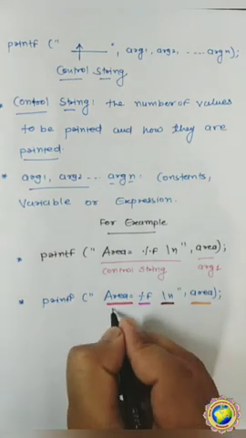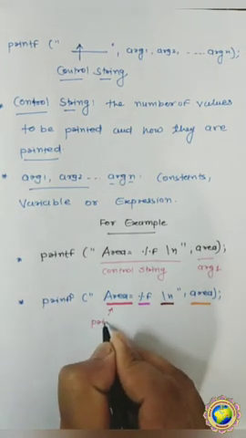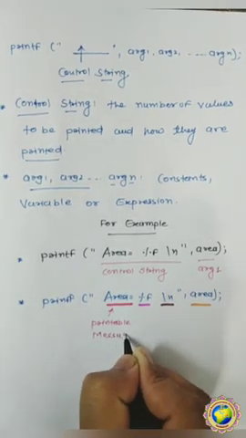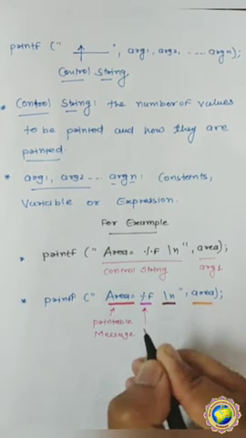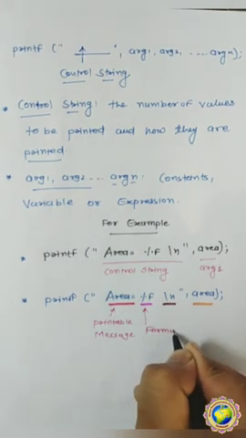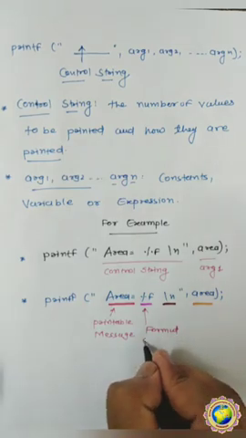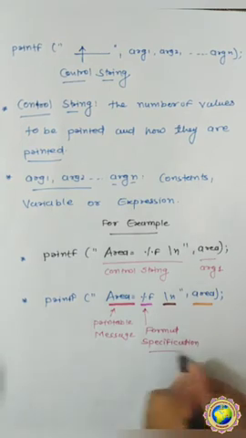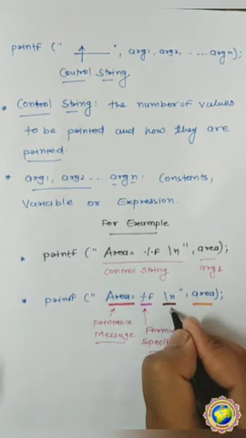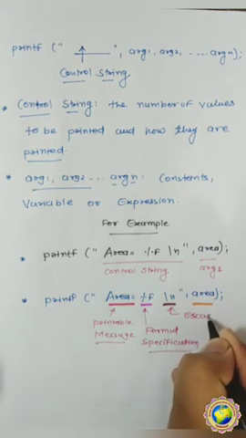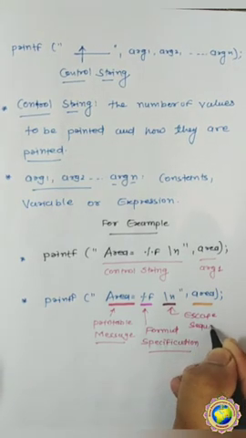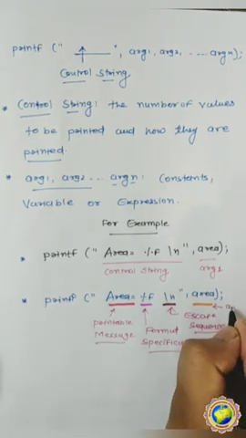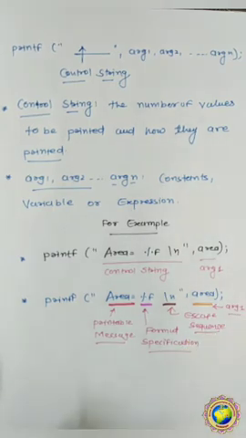First, this is the printable message. This is a format specification, and this one is an escape sequence, and this is argument 1.